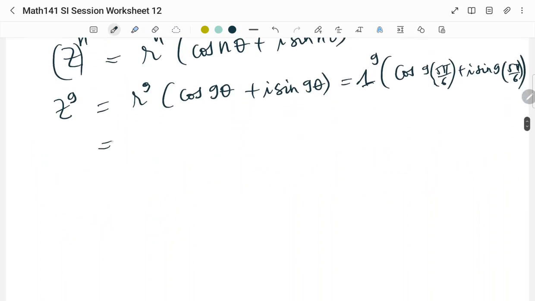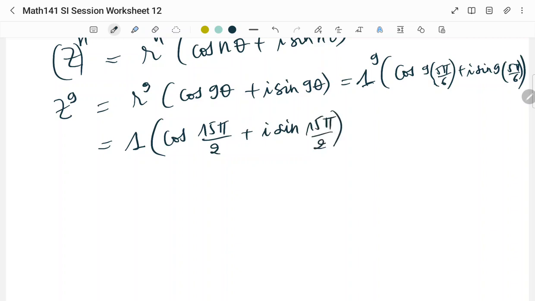And that is just equal to 1 multiplied into cos of 15 pi over 2 plus i sine of 15 pi over 2. Now you have to write it in this form and not leave out the 1, because the 1 tells you that that's the r value, radius. So just pay attention to that, but otherwise that's the final answer there, right?